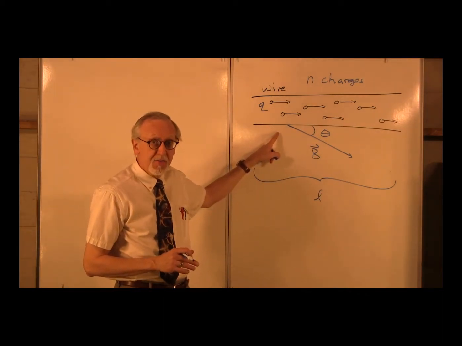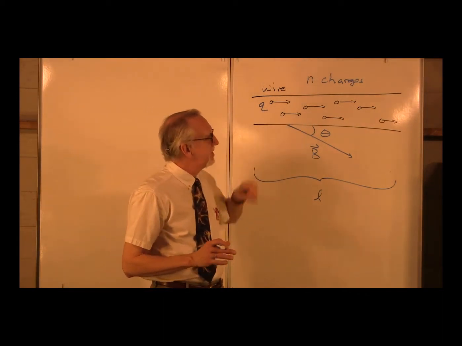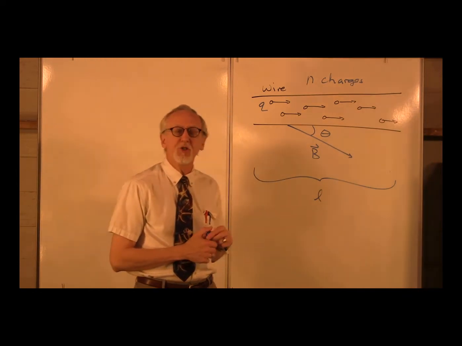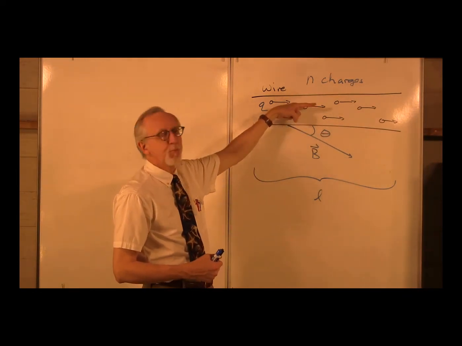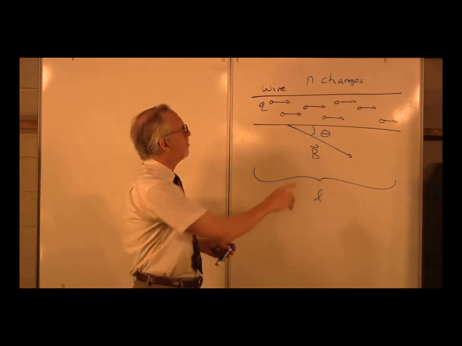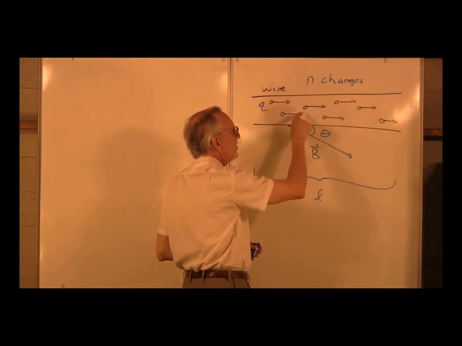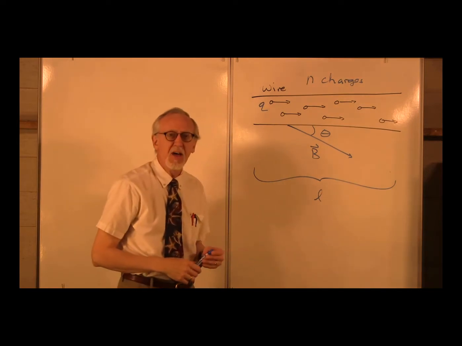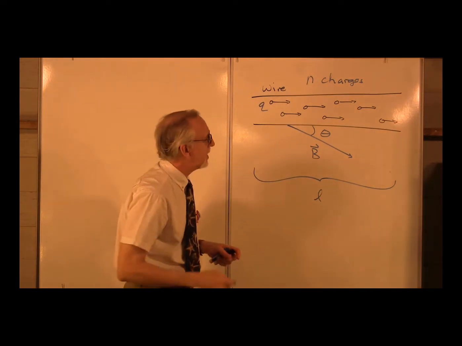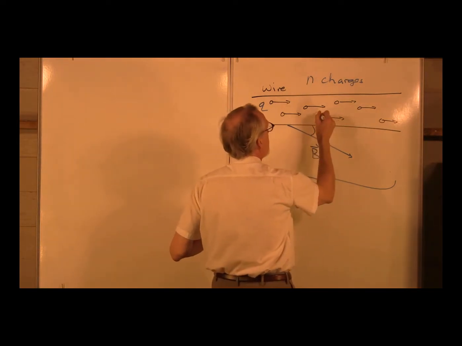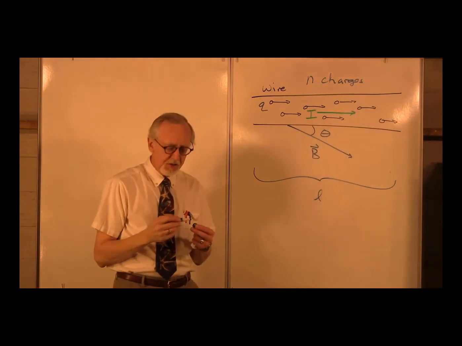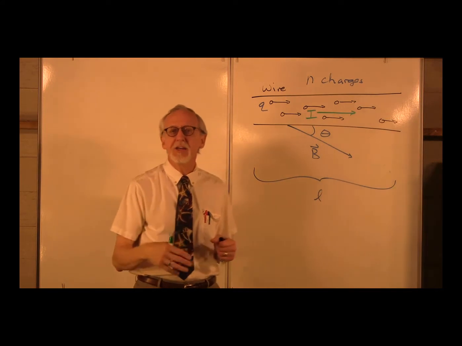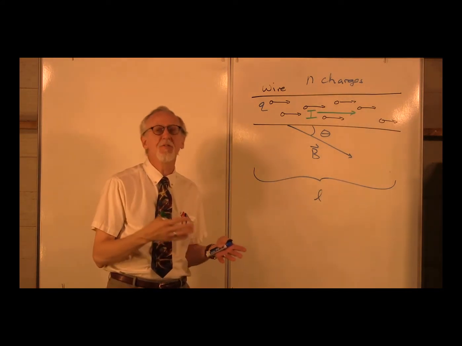Let's also imagine that this wire is in a magnetic field, and we will assume that the magnetic field B makes an angle of theta with our wire. So if our charges are going in this direction and they are positive, then the direction of the current is also in that direction. Remember, current is always defined as the direction of motion of positive charges.